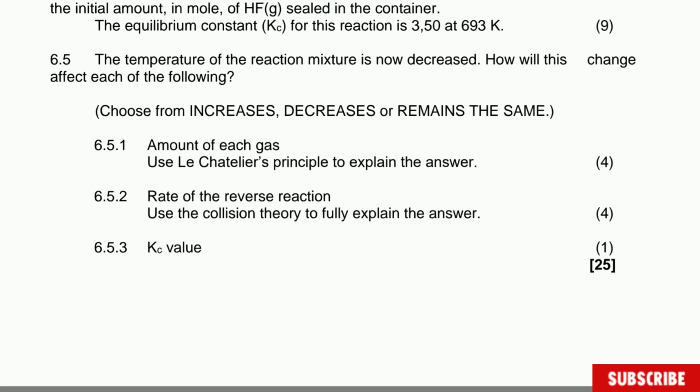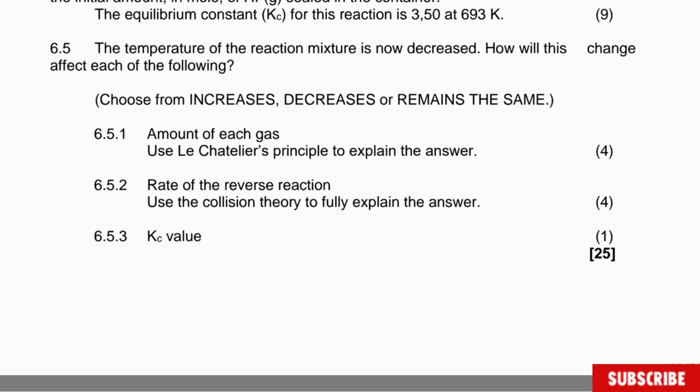Let's write that to explain the question. They say explain using Le Chatelier. So let's do it on this idea, 6.5.1. And now for each gas, what happened to the HF? HF increases. What happened to H2 and F2?